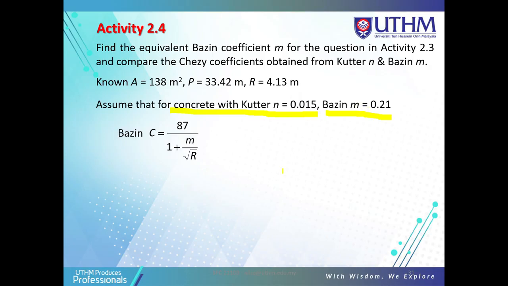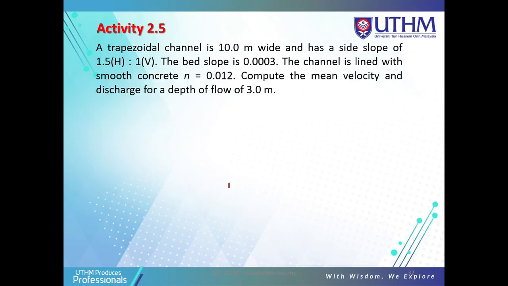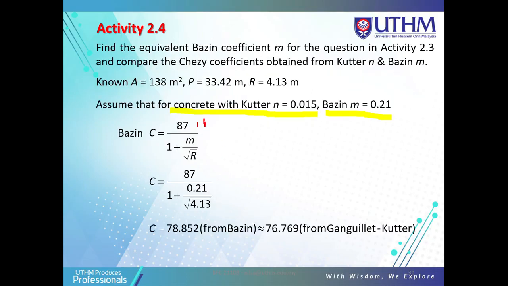So you use the Bazin formula here. Put all the values in, and you get the C from Bazin as 78.852.